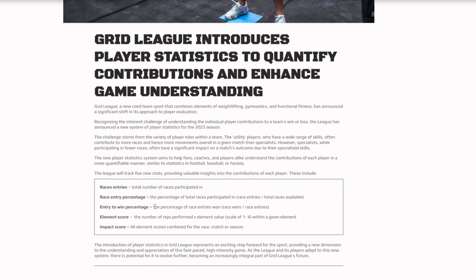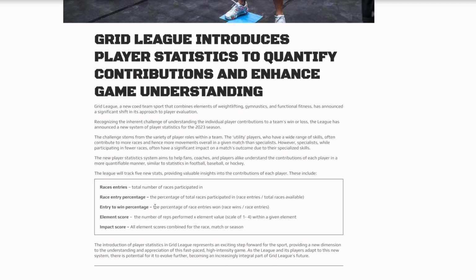So it assesses things like the time it takes to perform the rep, the amount of energy, the amount of skill it takes, the amount of risk to perform effectively, and balances that against a rep that's super easy to perform, super quick to perform, anybody on the team can do, et cetera. So it overcomes just the raw rep number and starts to actually measure the effect a single player has on a race or a match or a season.